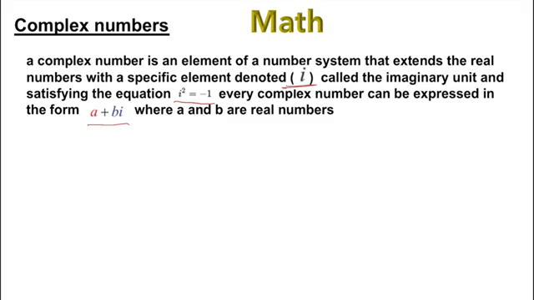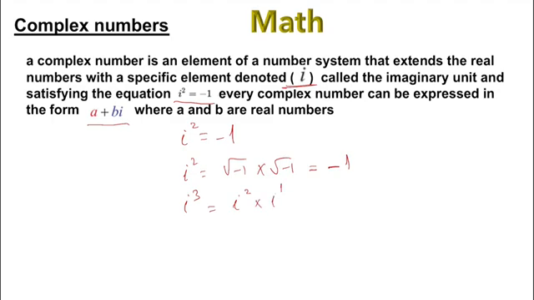So, if i squared equals -1, then i squared equals square root of -1 times square root of -1, which is equal to -1. So i to the power of 3 equals i to the power of 2 times i to the power of 1.